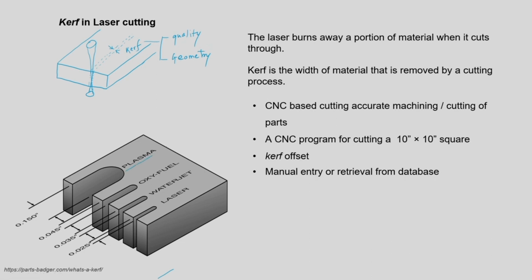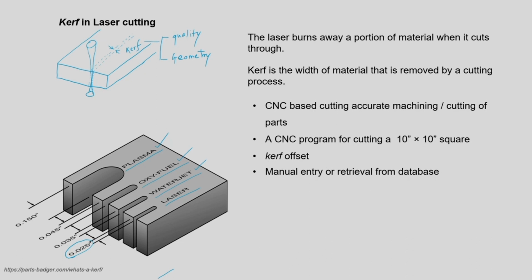We can employ a variety of cutting modes in manufacturing. We can use plasma, oxy-fuel or water jet machining. But in comparison with plasma, oxy-fuel or water jet, laser provides us a very low kerf width. As the kerf width is low, we can get very fine cutting, we can maintain the accuracy, and we can get precise components.